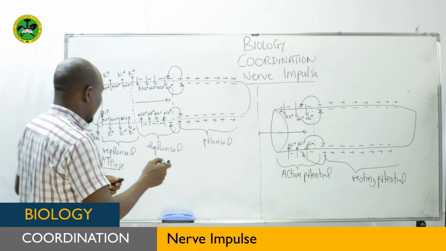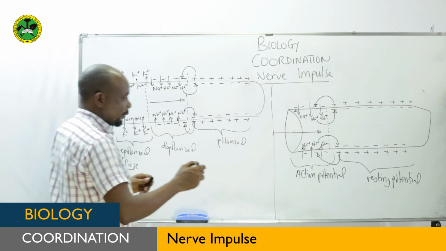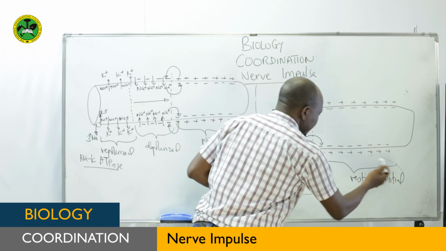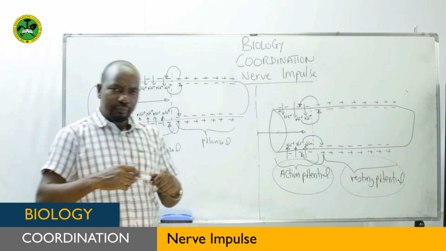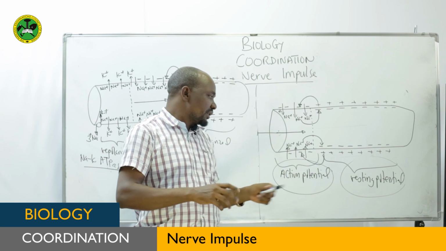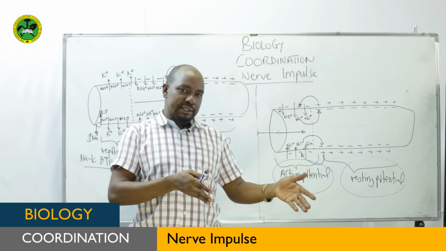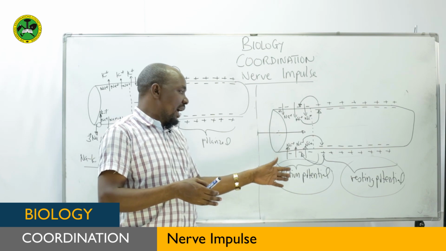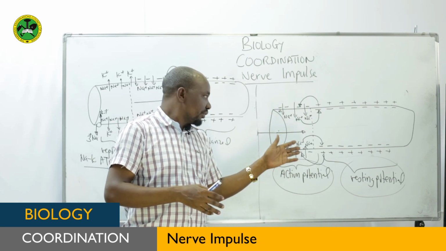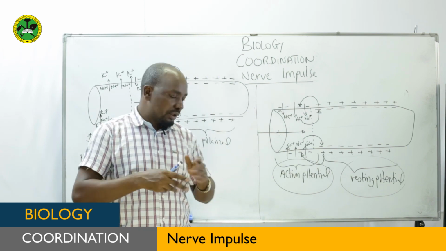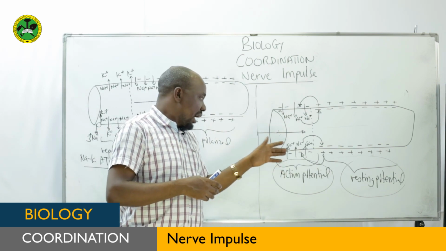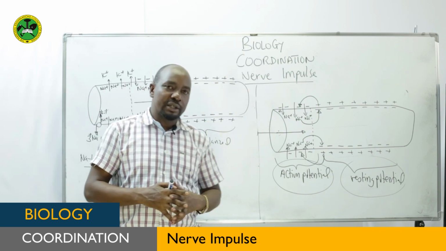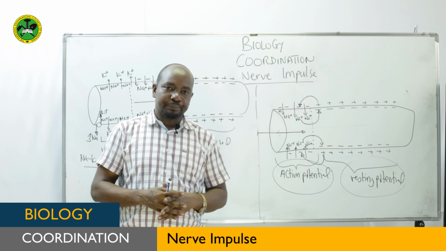And also differentiate between the action potential and resting potential. The action potential is sometimes described as a nerve impulse, because it is the potential difference which occurs when the nerve impulse is passing, when the axon membrane is negatively charged outside and positively charged inside.